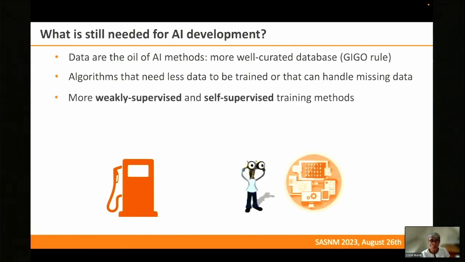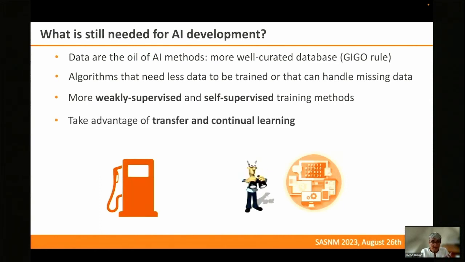We also need more weakly supervised or self-supervised training methods, so as to reduce the annotation burden which is needed when we use supervised learning. And last, we should try to take advantage of transfer and continual learning, and I will explain what continual learning is.